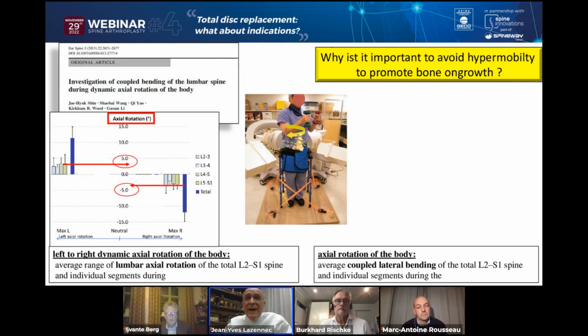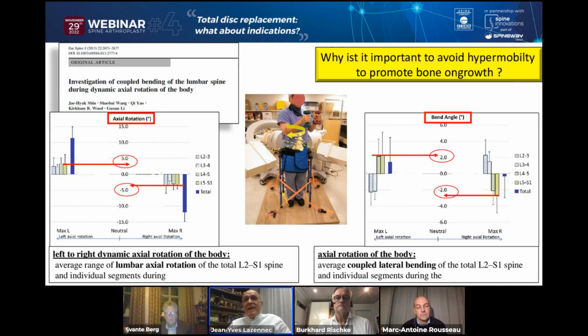It is not for a long time, but it is, as I spoke to you, for the first 4 weeks or 6 weeks. Now, if I do bending, it is interesting also. L4L5 and L5S1, also you have axial, you have bending angulation. You see 2 degrees.